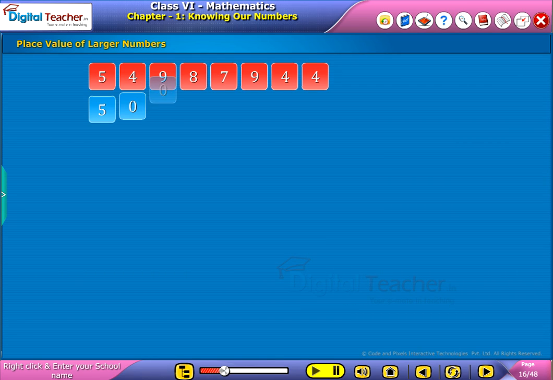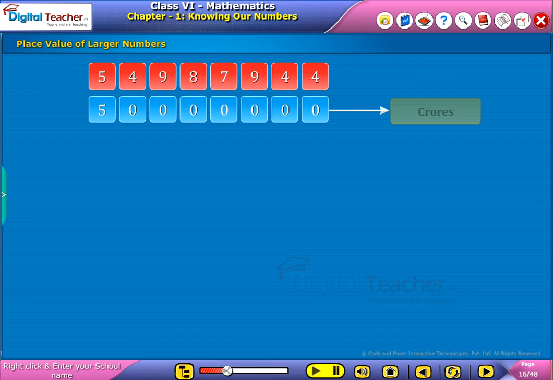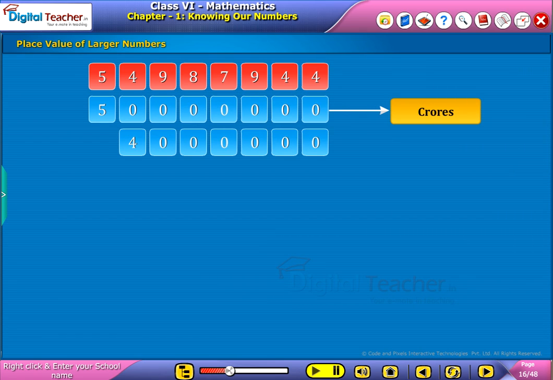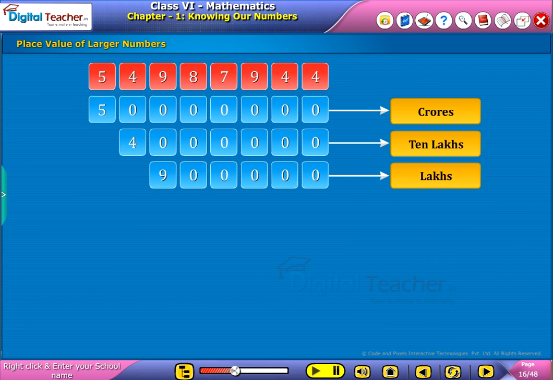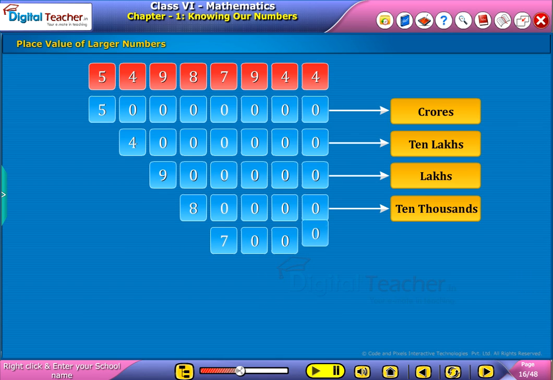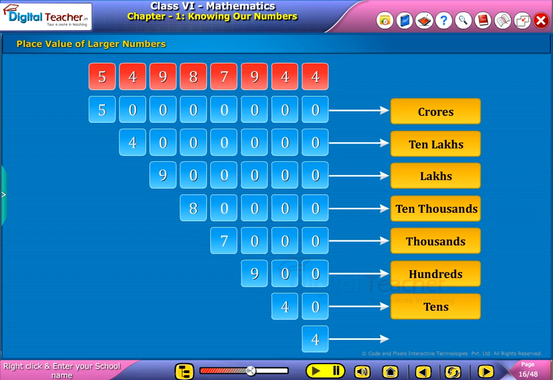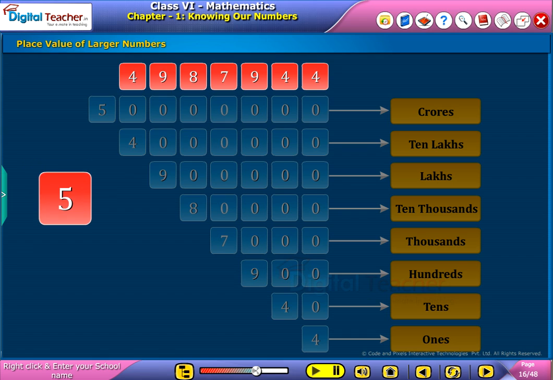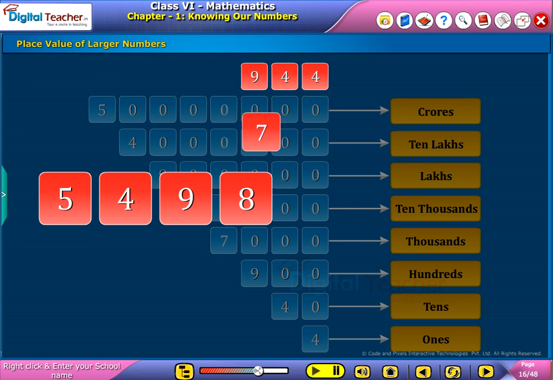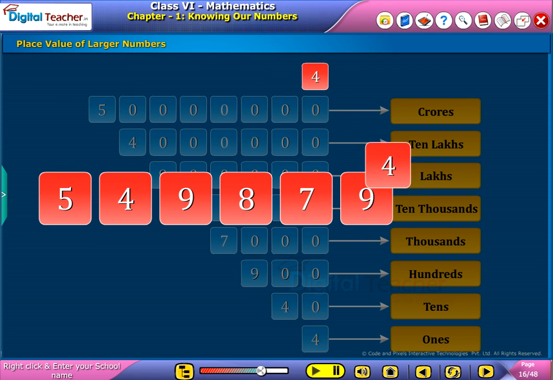Here, 5 is in crores place, 4 is in 10 lakhs place, 9 is in lakhs place, 8 is in 10,000s place, 7 is in thousands place, 9 is in hundreds place, 4 is in tens place, and 4 is in ones place. Now, it can be read as 5 crores 49 lakhs 87,944.